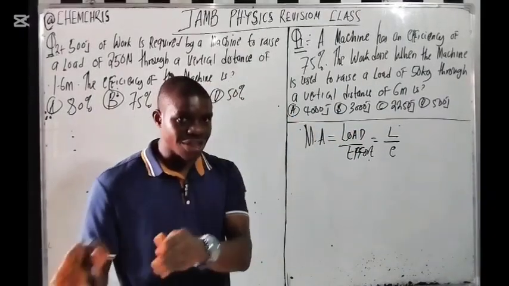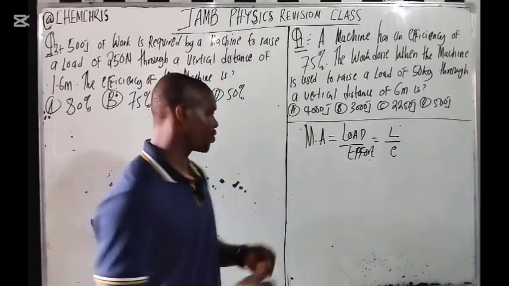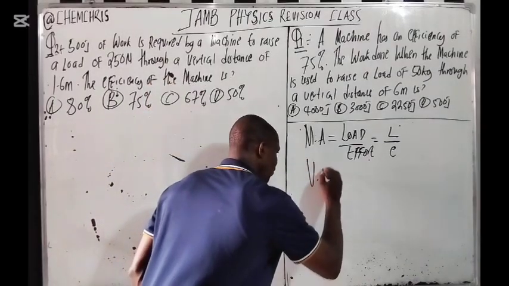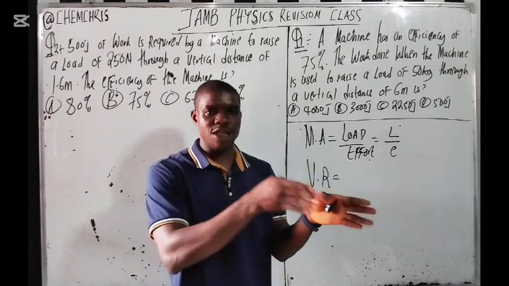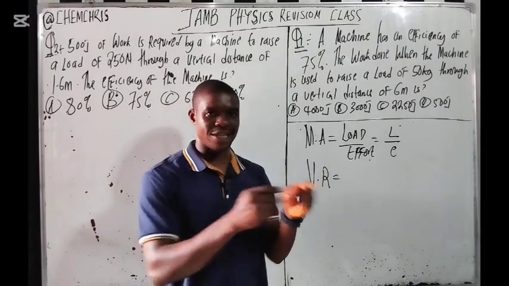The second thing to understand is called velocity ratio. Velocity ratio is very easy. It is distance moved by effort over distance moved by load.